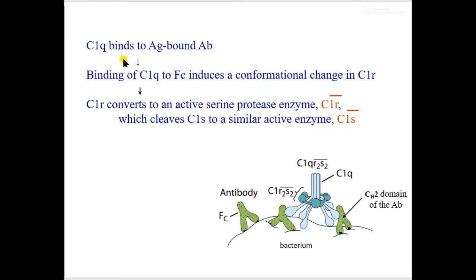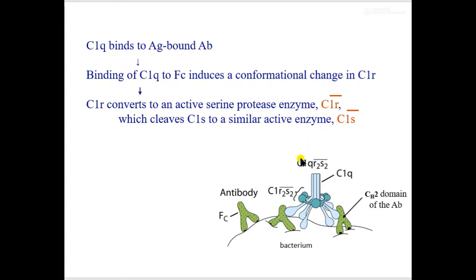So you have C1q binding to the antigen-bound antibody. Then binding of C1q to the Fc induces conformational changes in C1r, and the C1r gets converted into a serine protease enzyme called C1r', which cleaves C1s to a similar active enzyme.